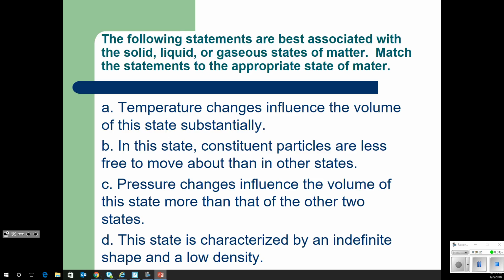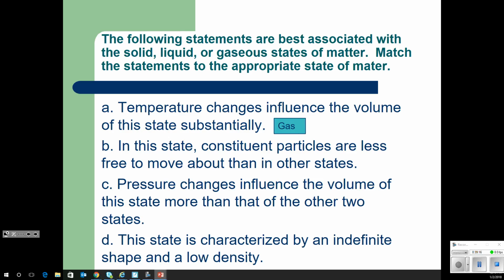These are sign language S, L, and G. Tell me with your fingers. If you chose gas, you're right.